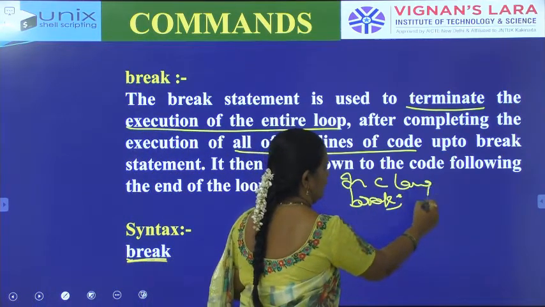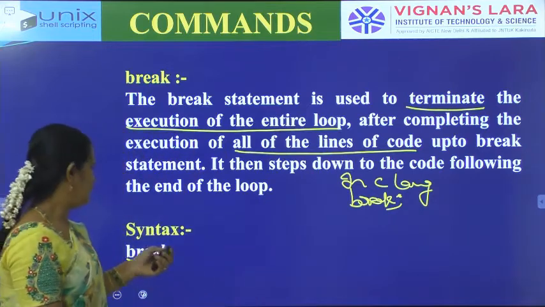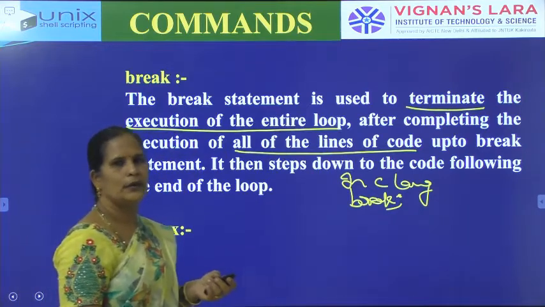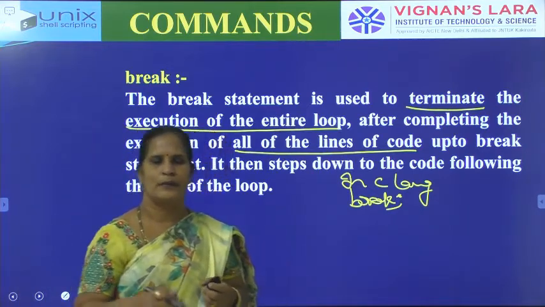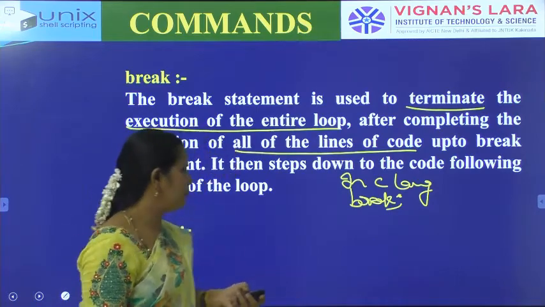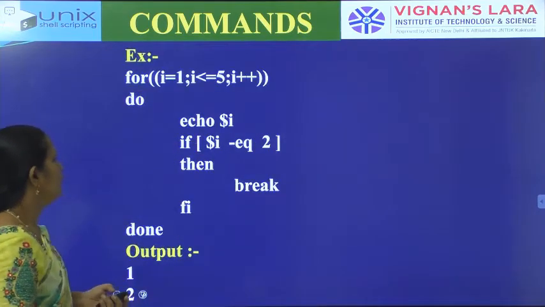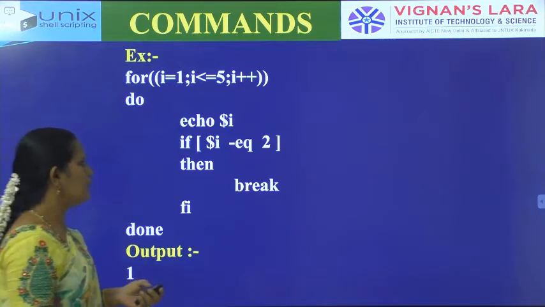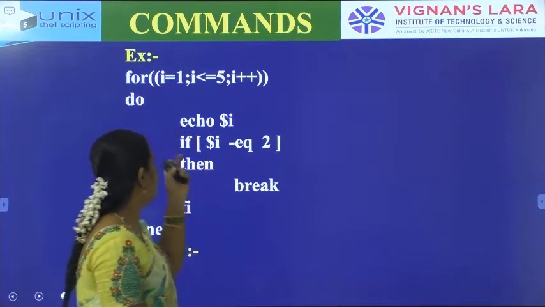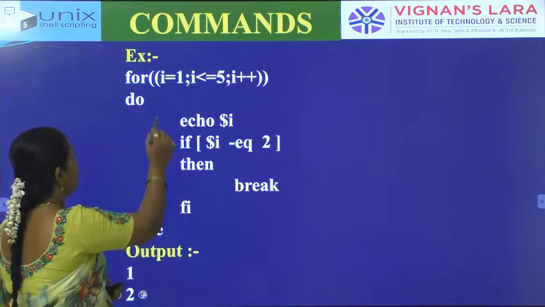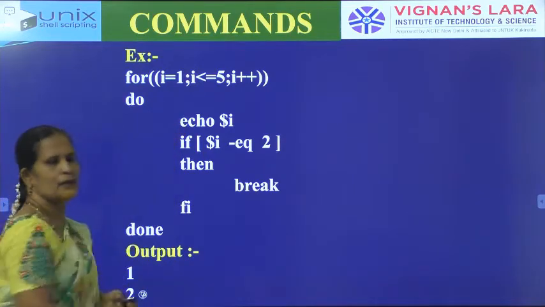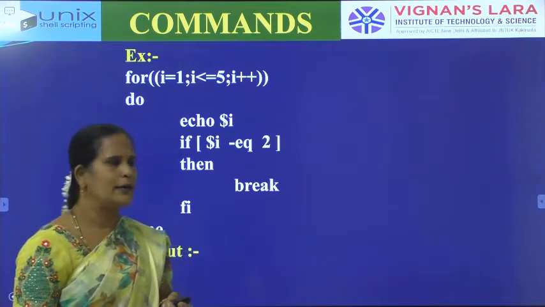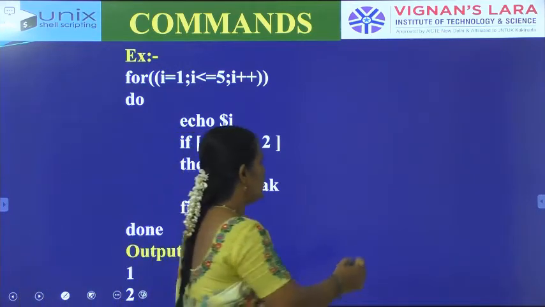Actually, in looping statements, we are going to specify three types of expressions: one is the initialization expression, second is the conditional expression, and the third is the increment or decrement expression. In a for loop, we specify these three types of expressions within a single line, so the number of lines of code is reduced compared to while and until loops.